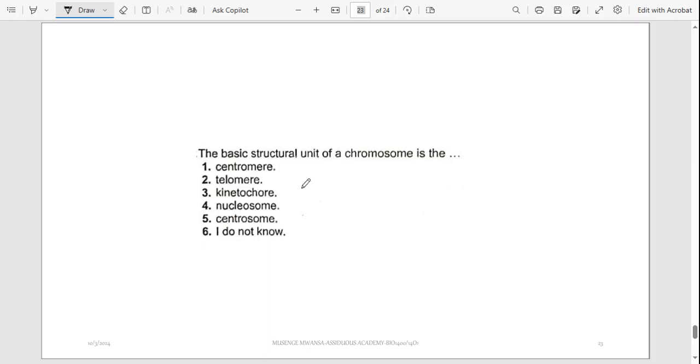So the basic structural unit of a chromosome, is it a centromere? No. Telomere? No. Kinetomere? No. Centrosome? No. Nucleosome? That would be the one. Remember, a nucleosome is basically histones with nucleic acid wrapped around it.